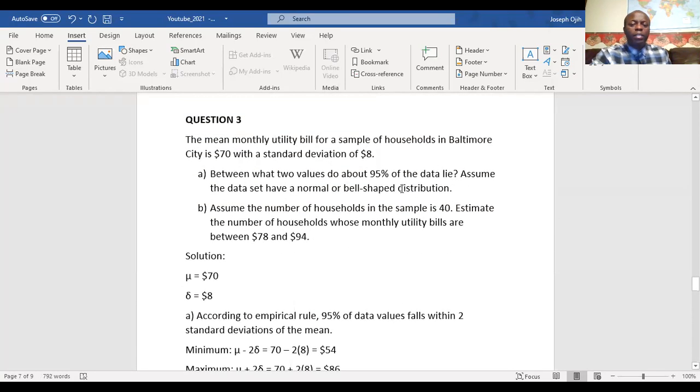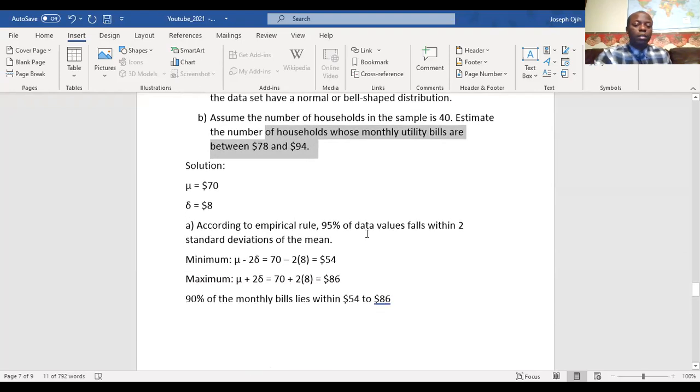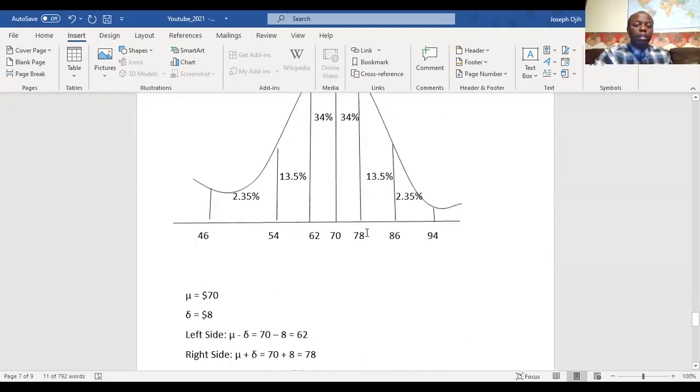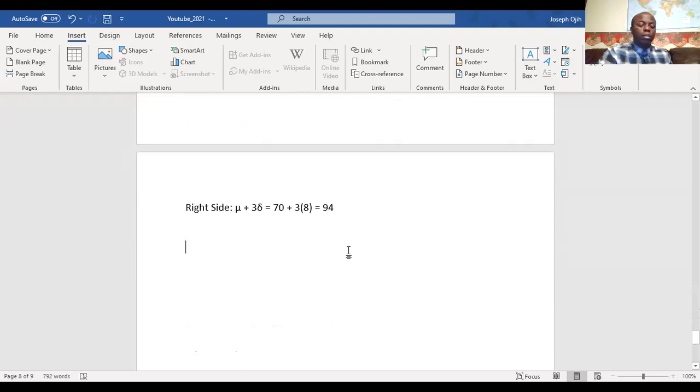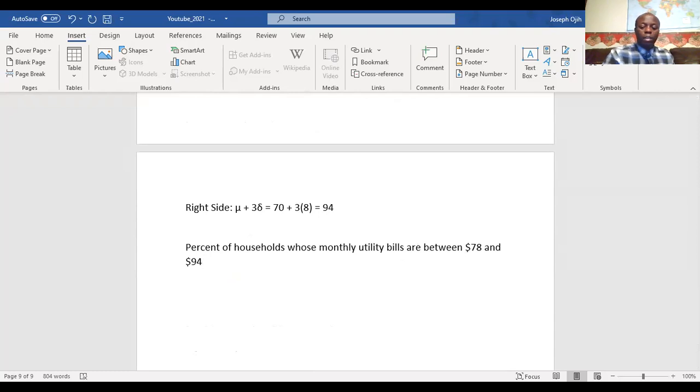So, percent of households. The percent of households whose monthly bill are between $78 and $94.